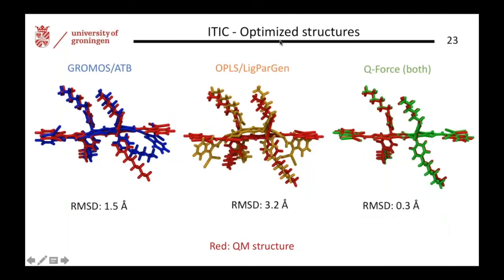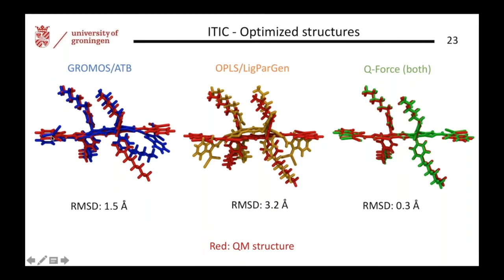We can also look at the optimized structures for each of these force fields. So here in red, the QM optimized structure is shown, and in 3 other colors, the 3 different force fields are shown. And you can see again for the transferable force fields that the agreement between the QM optimized and MM optimized structure is not so good.